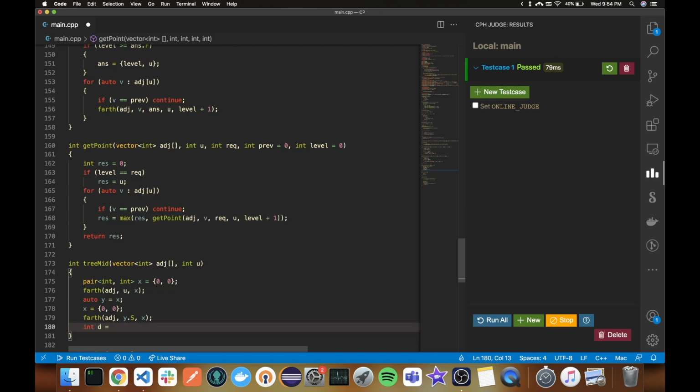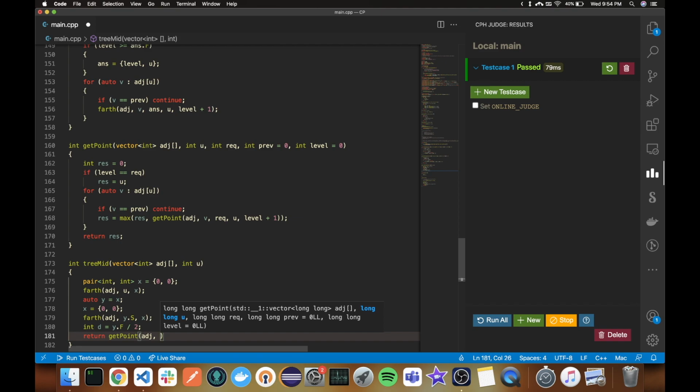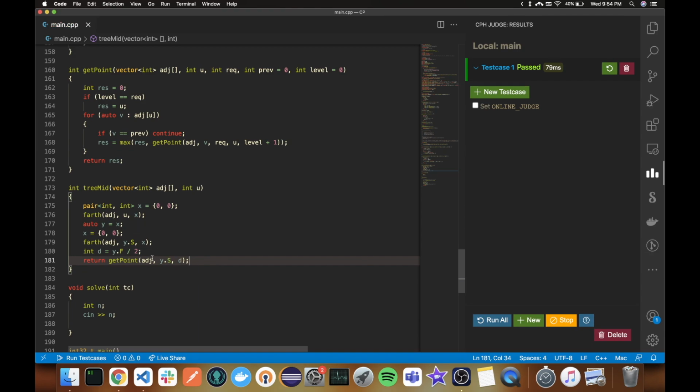Integer distance is gonna be x dot y dot first divided by 2, and then I'm gonna say return get point adjacency from whatever I used earlier, but this time the distance is this much. Okay, so I can get the midpoint of a tree.